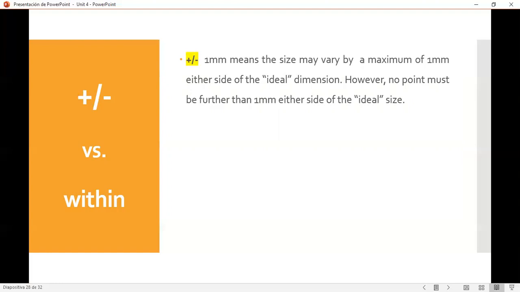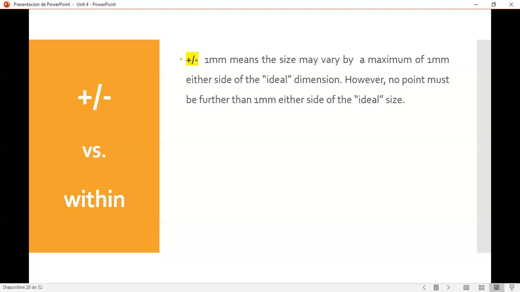So in this case, the maximum is 101 millimeters, the widest point, and the minimum is 99 millimeters. That's the maximum total variation between the widest and the narrowest, which is 2 millimeters, because the maximum is 101 and the minimum 99 millimeters. So the variation there is 2 millimeters.